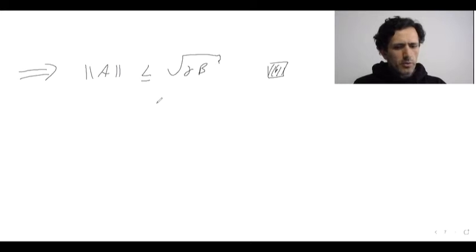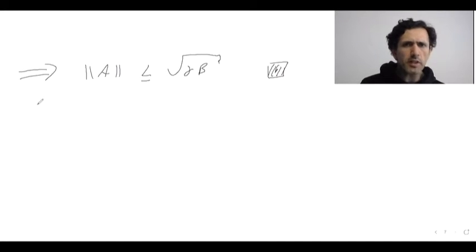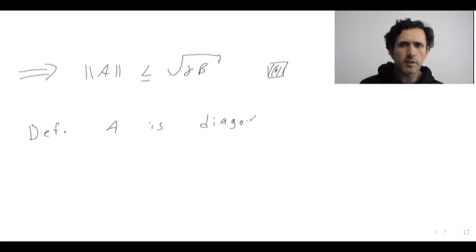All right, so let me do an example. Actually, before I do that, just one more definition. We might have a homework on diagonal orthogonal projections in the book.